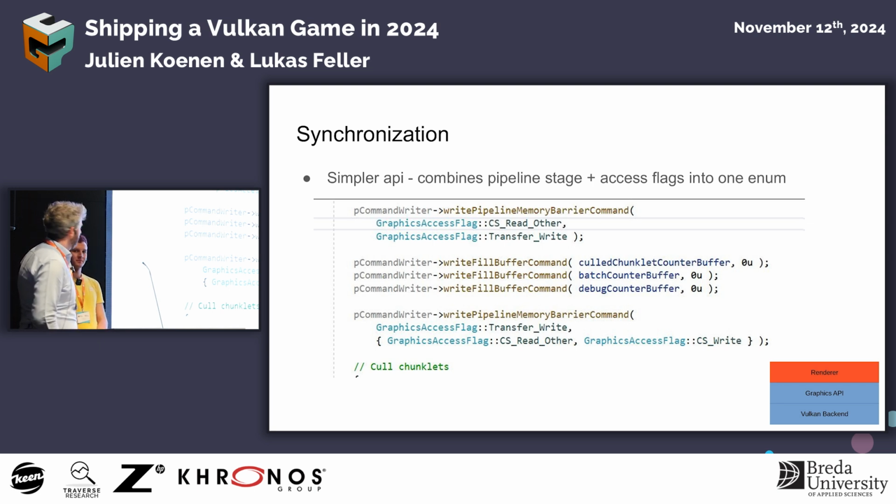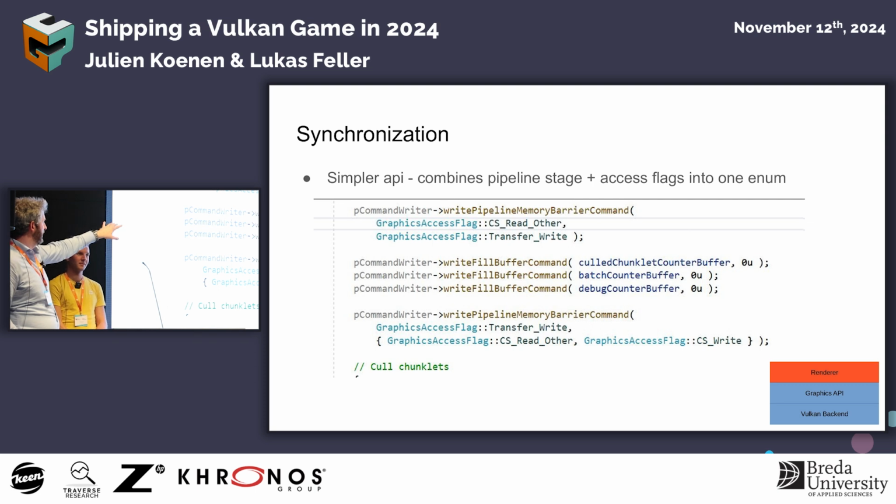All right, now the fun stuff, synchronization. As you know, Vulkan gives you more control, but more control means more responsibility. You have to do synchronization yourself. We adopted a very similar, very explicit synchronization API in our graphics abstraction layer. This is code in the renderer, on the topmost level.